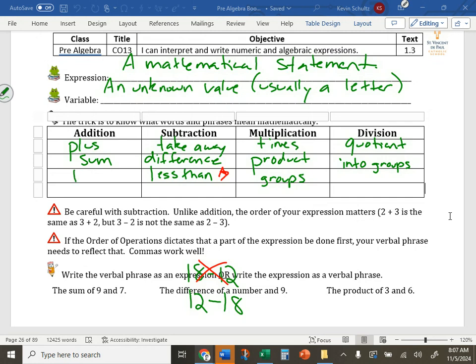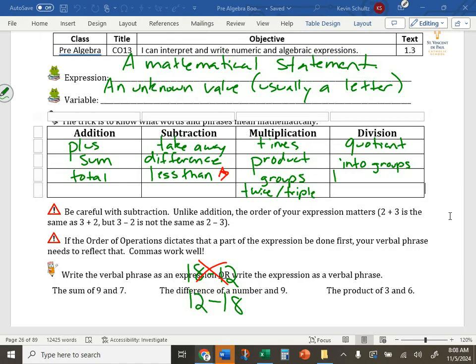Addition, total is another one that you might see pretty commonly. What else? Oh, how about for multiplication, if we have twice something or triple something? If you have twice something, it's like multiplying by 2, it means specifically that. Triple would be multiplying by 3. And we can do the same thing with division.